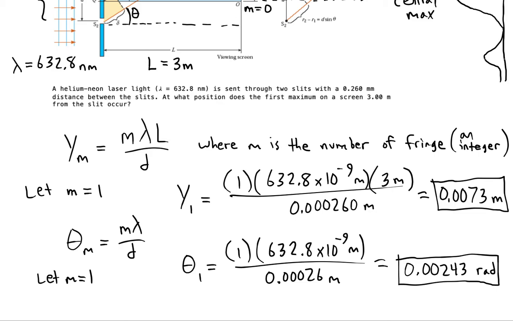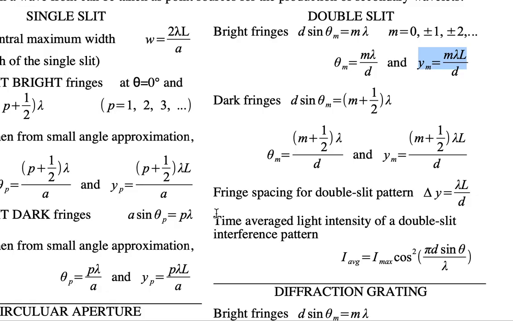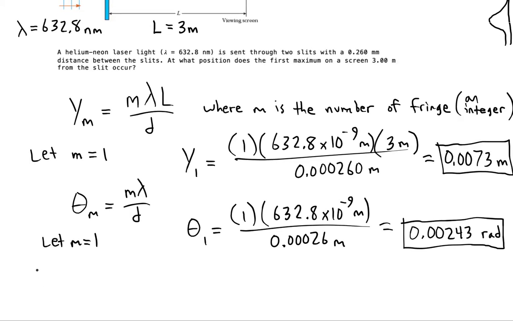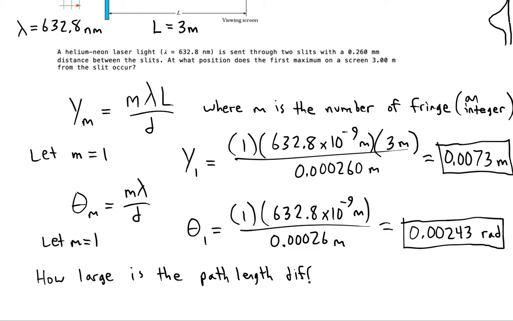Now let's see what else we can find out about it. You might be asked, how large is the path length difference, which is given by d sine theta, for the first bright fringe?